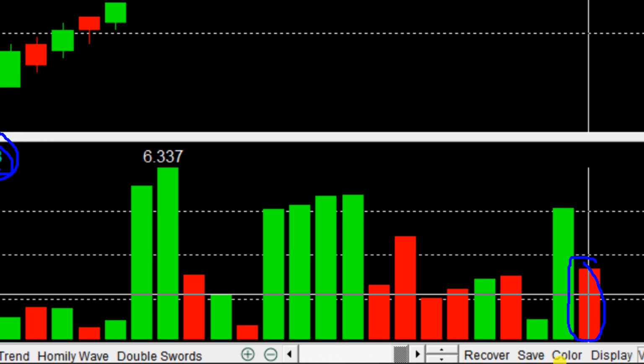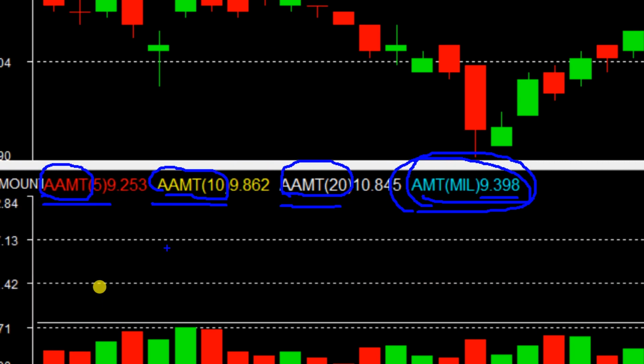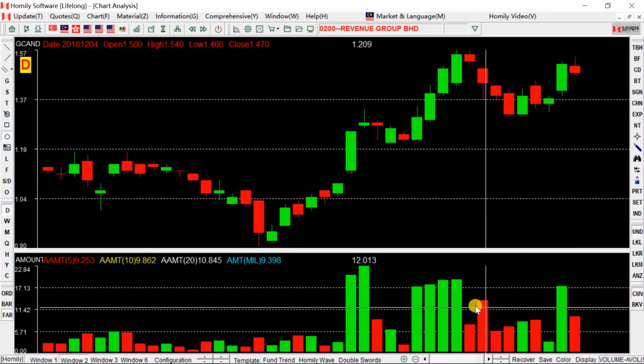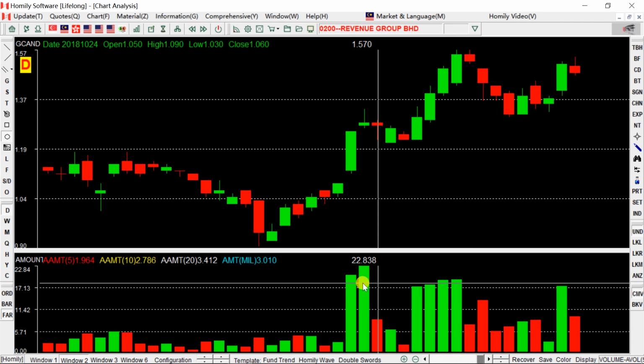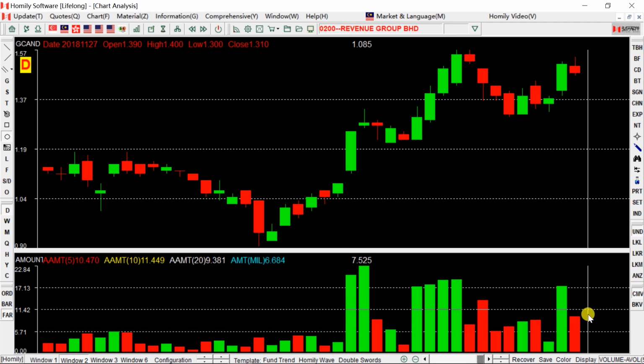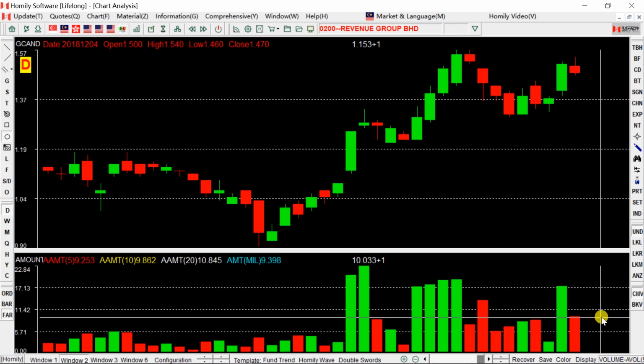The AAMT5 means these 5 days together, the average amount is 9.253. And the 10 means 10 days average amount, and the 20 means 20 days average amount. So this is amount and average amount.